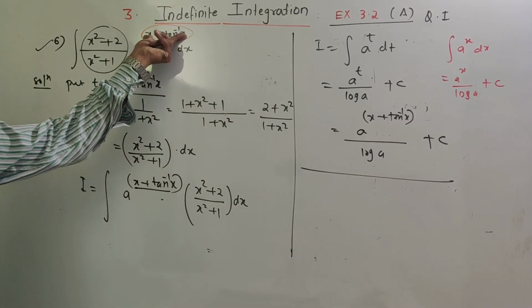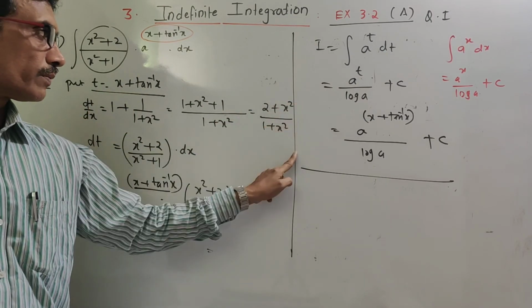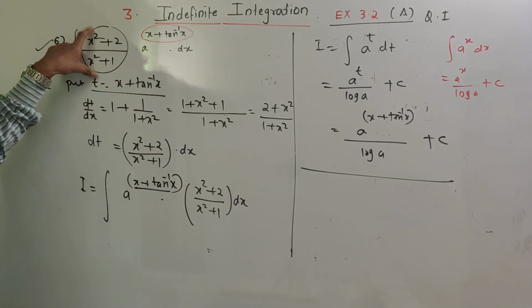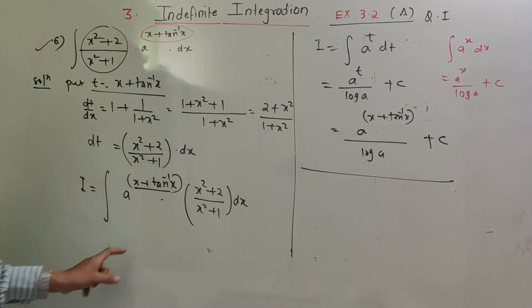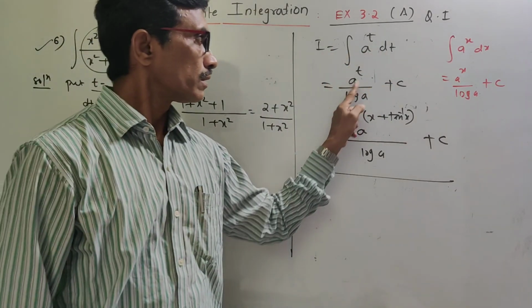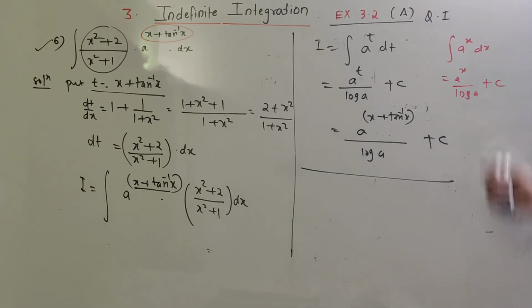You have to put this as t, then find dt by dx, and we simplify and get 2 plus x square upon 1 plus x square into dx, that is equal to dt, or a raised to power t, and we use this formula a raised to power x dx is a raised to power x upon log a.